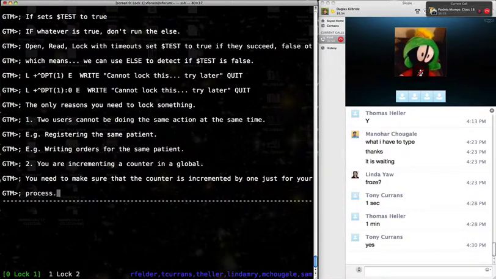This actually happens a lot. What could happen if you don't do that is that two processes might increment the counter at the same time, and you end up with a counter that goes up by 2 instead of 1. And that could screw up your code.